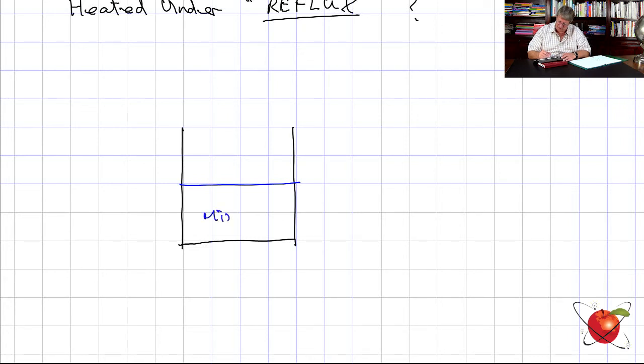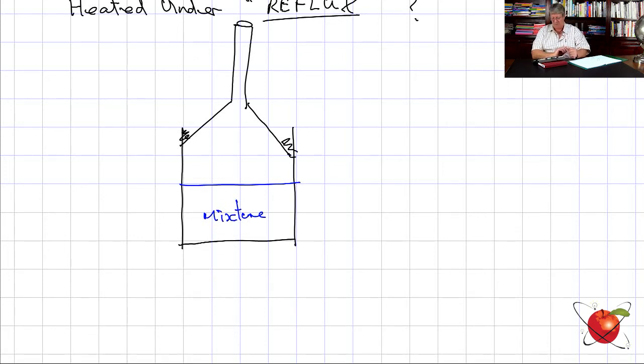On top of the beaker we have something that looks like this. It's taken up like that, and right up top is a long tube. This is sealed on the sides, so it's a closed container.